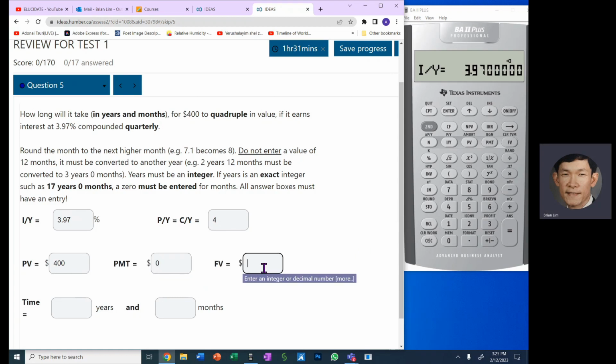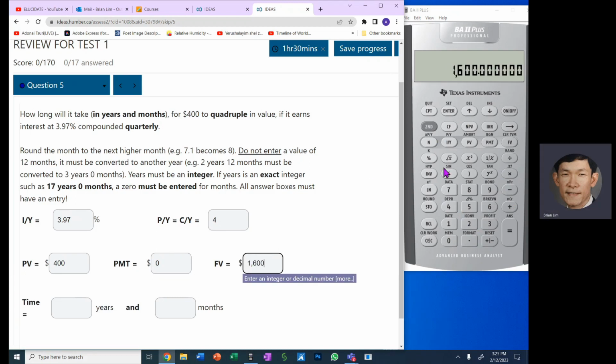For the future value, it says to quadruple, so 400 times 4. Quadruple means 4 times, so 400 times 4 is equal to 1600. So 1600 will go in the future value.